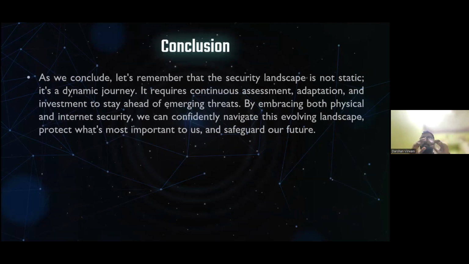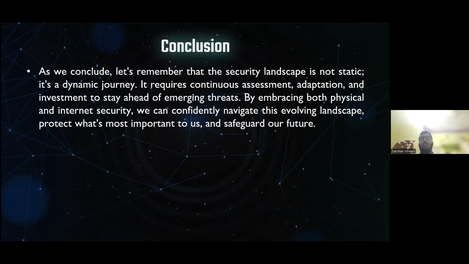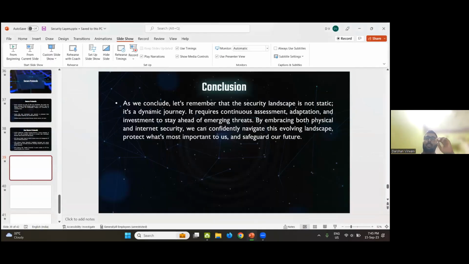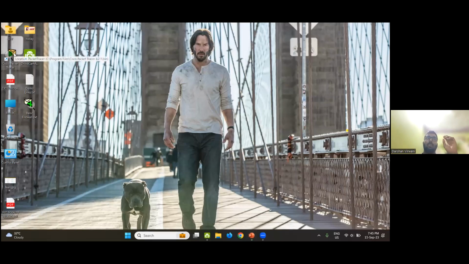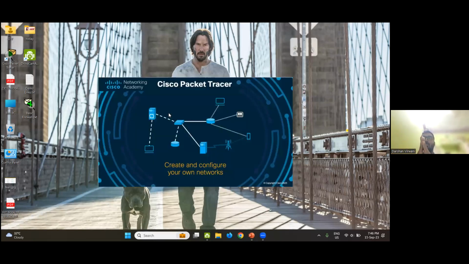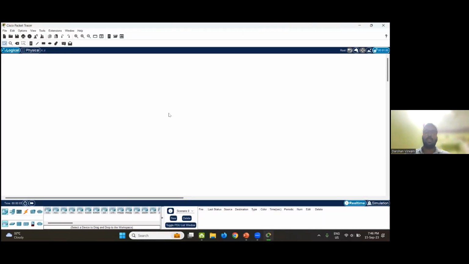So here I will first show a demonstration of how a firewall works. I will be using Cisco Packet Tracer, which is a simulation network creator for network personnel to see how a network is configured and how a network works.